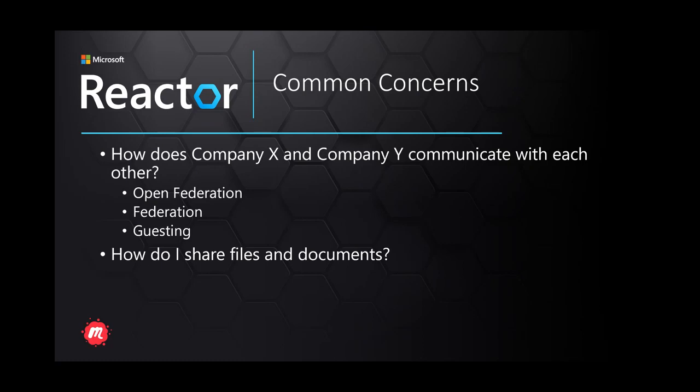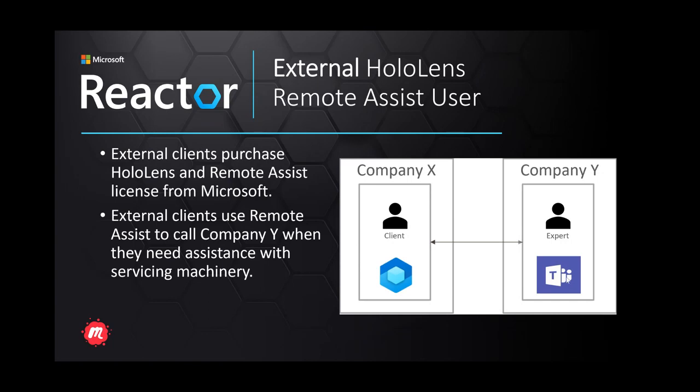And then another one from Anonymous. This one is a little bit longer, so if you need me to read it twice, just let me know. It says, for the external HoloLens Remote Assist user scenario, company X can create a Teams meeting and company Y can join that meeting from the desktop, and company X can join from the HoloLens. This is useful when federation is not possible. Is that right? Okay, can you read it one more time?